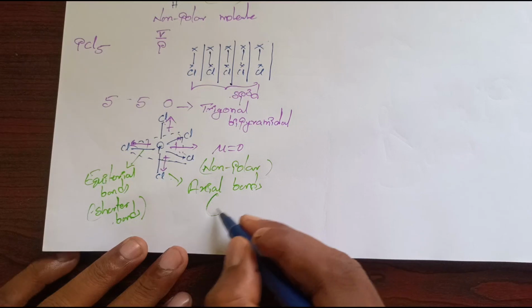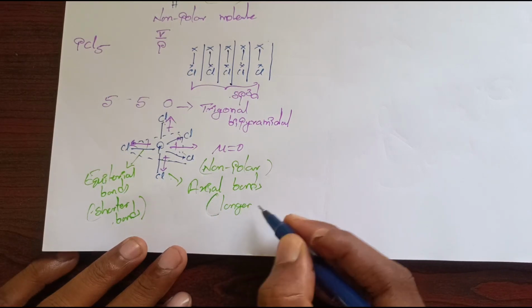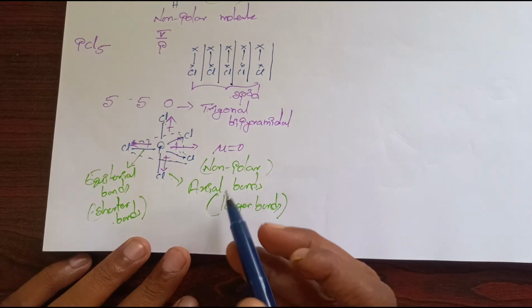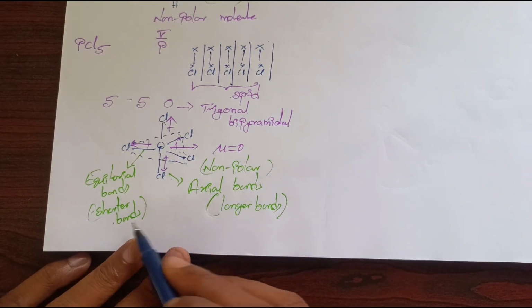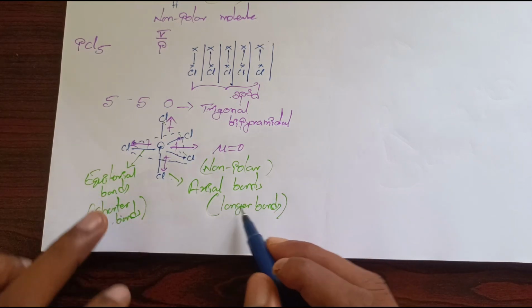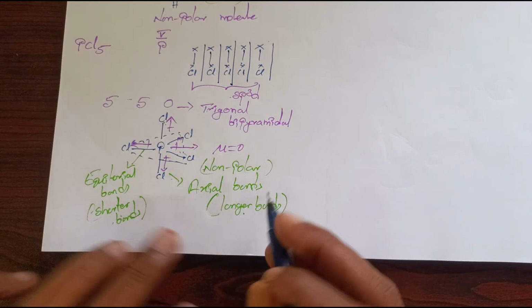Axial bonds are longer bonds. So in the PCl5 molecule, 2 types of bonds are present, students, shorter bonds and longer bonds. Examination point of view, this data also important, students.